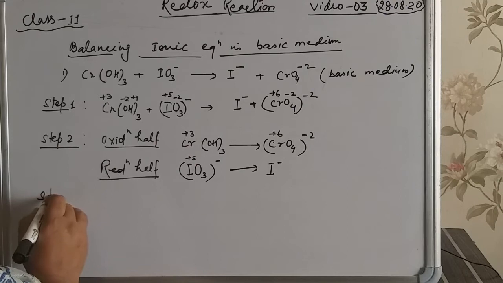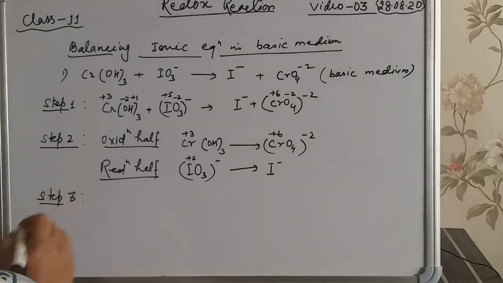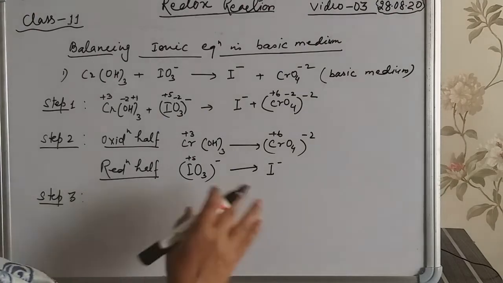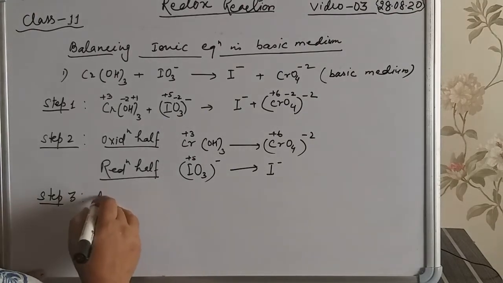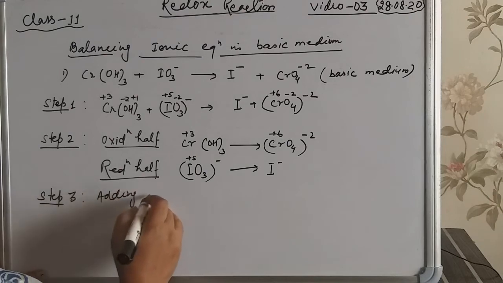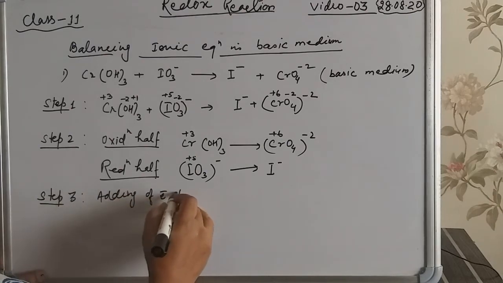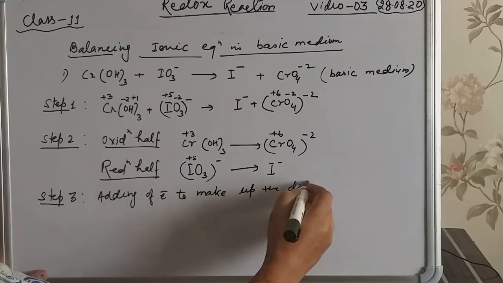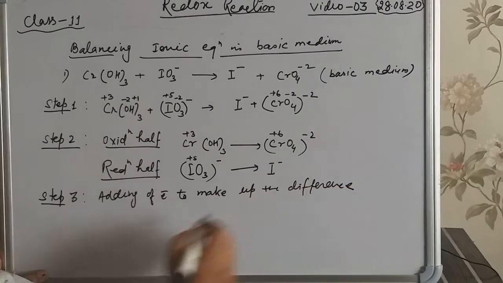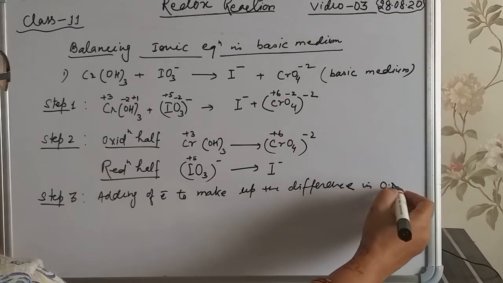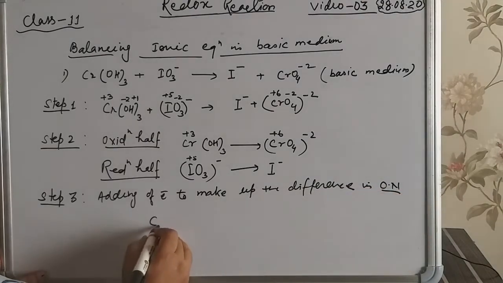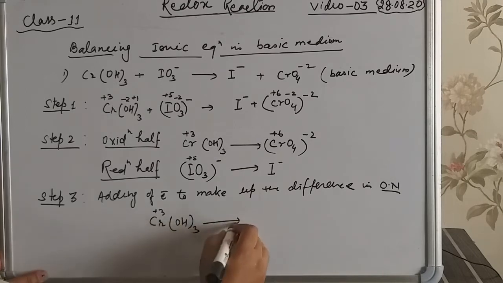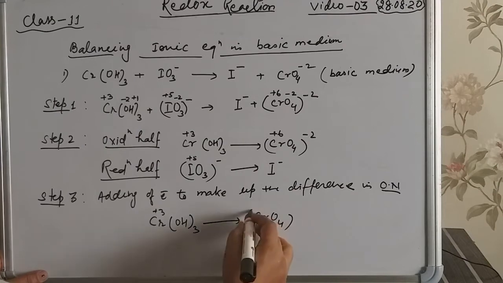In step 3, we add electrons to make up the difference in oxidation number. Here chromium goes from +3 in Cr(OH)3 to +6 in CrO4 2 minus.